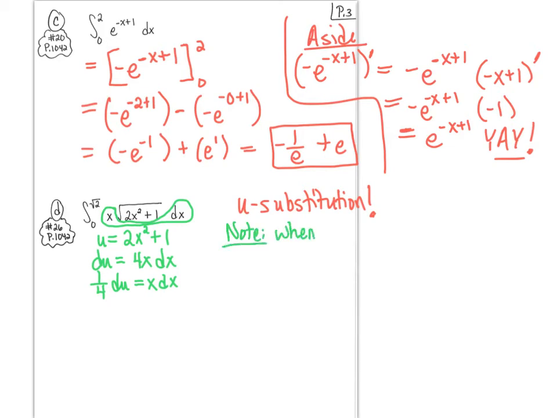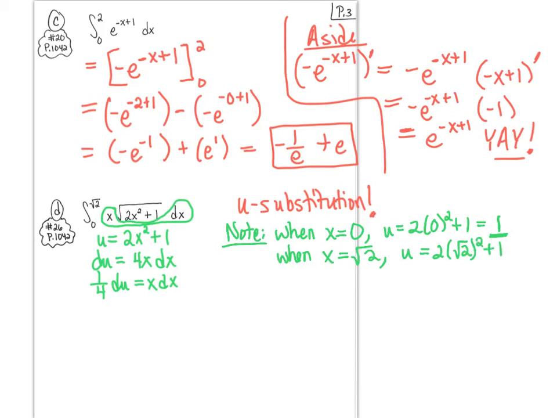So note that when x equals 0, u is equal to 2 times 0 squared plus 1, or in other words, it's 1. So we'll need to remember that. Then when x is equal to the square root of 2, u is equal to 2 times the square root of 2 squared plus 1, or in other words, it's equal to 2 times 2 plus 1, which is 5.